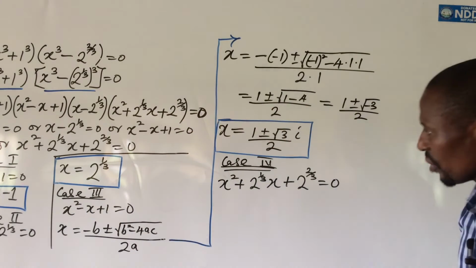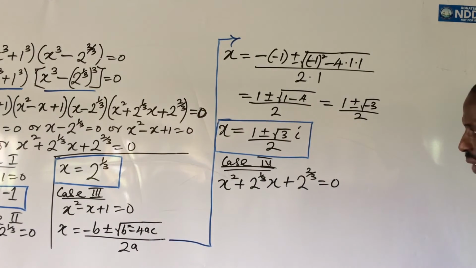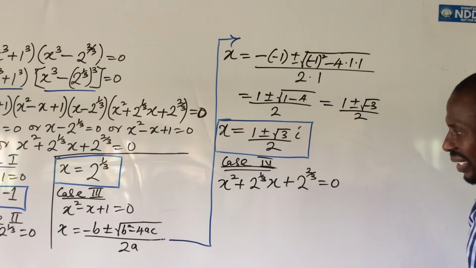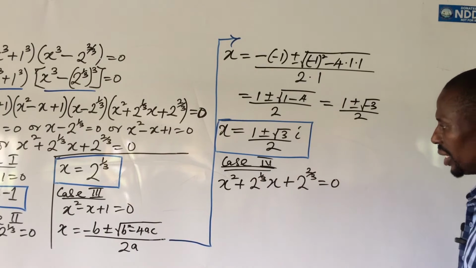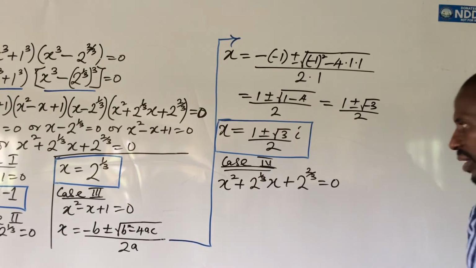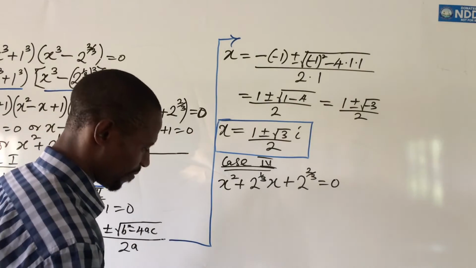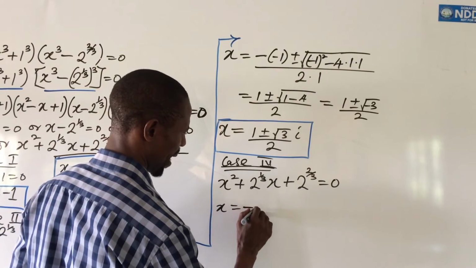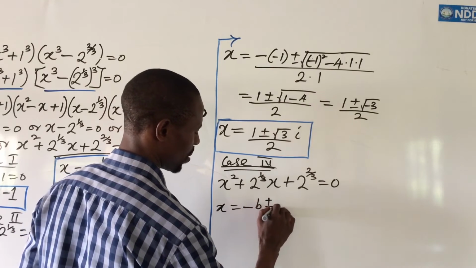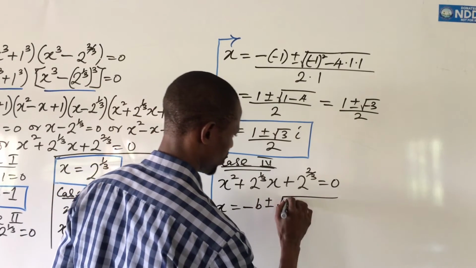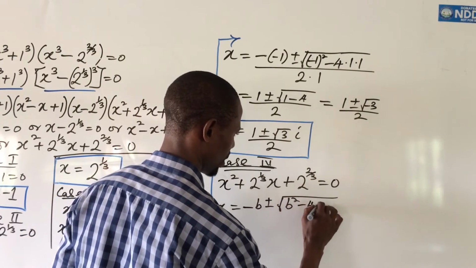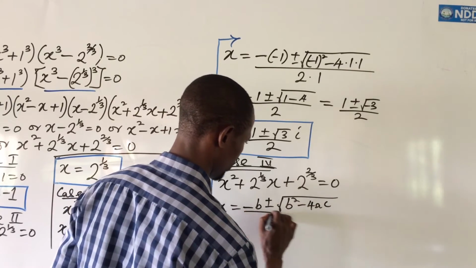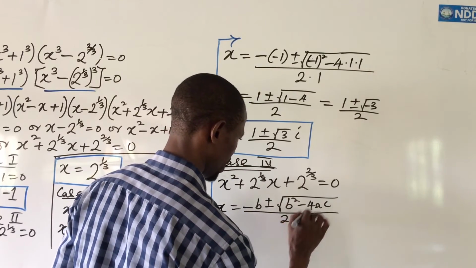Here we are going to use the quadratic formula again. Because of the power of 2 here, we must be careful. Our formula again says x equals minus b plus or minus the square root of b squared minus 4ac all over 2a.